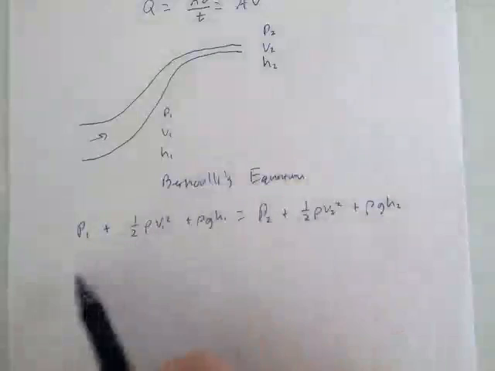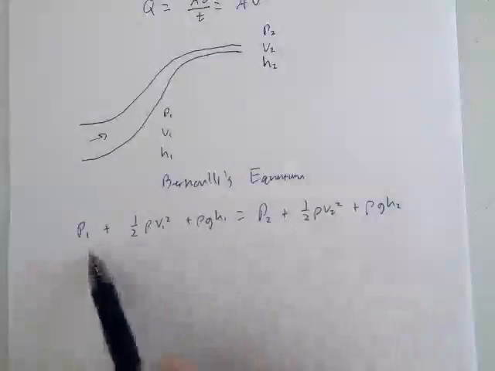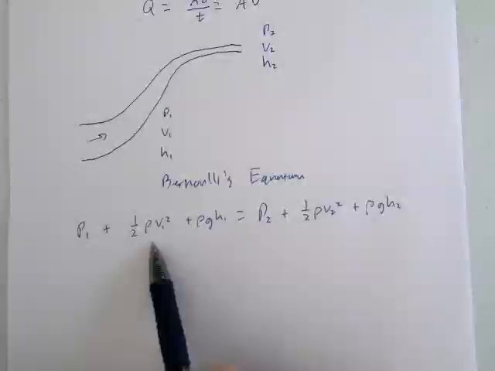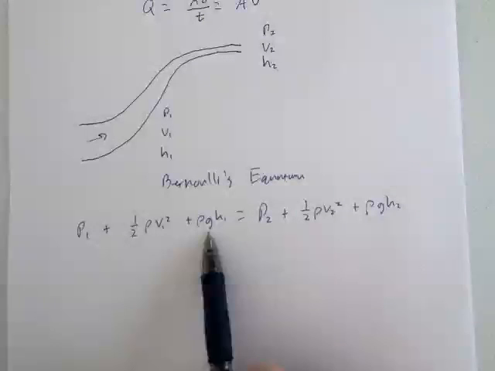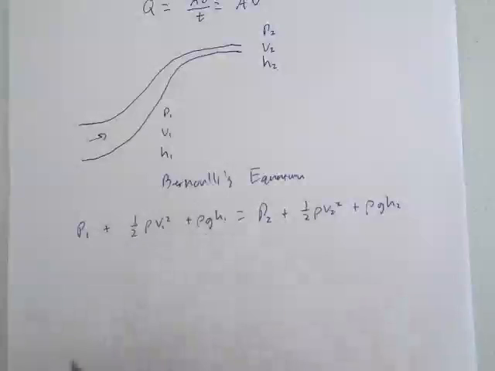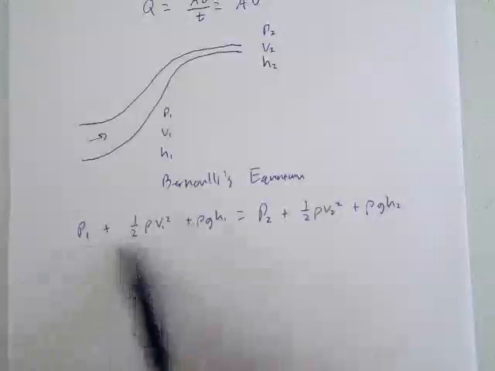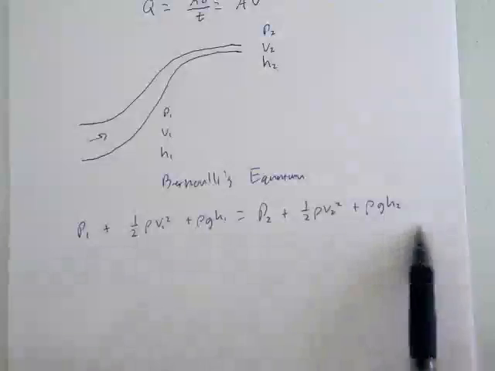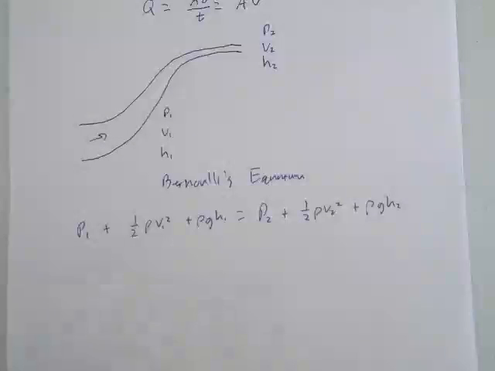You know that all these three terms together, the pressure plus the kinetic energy density plus the gravitational potential energy density, all of these together have to add up to be a constant value. This is what allows us to write our very analogous conservation of energy density equation.